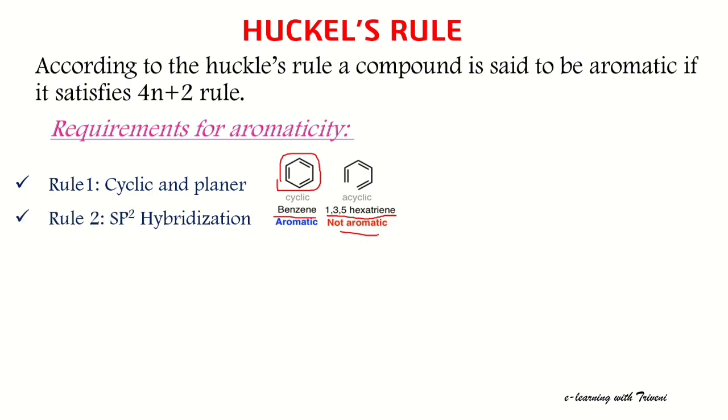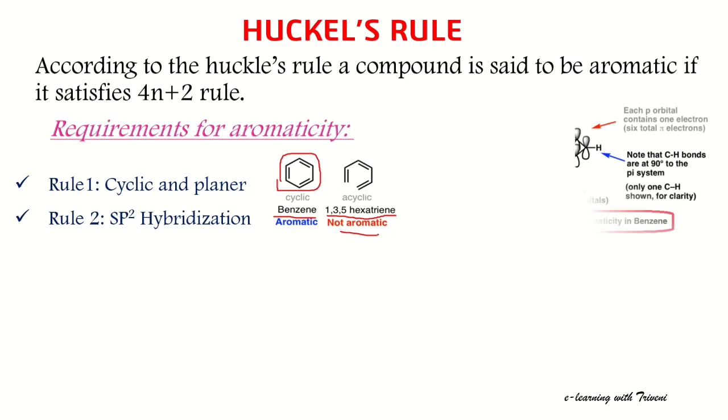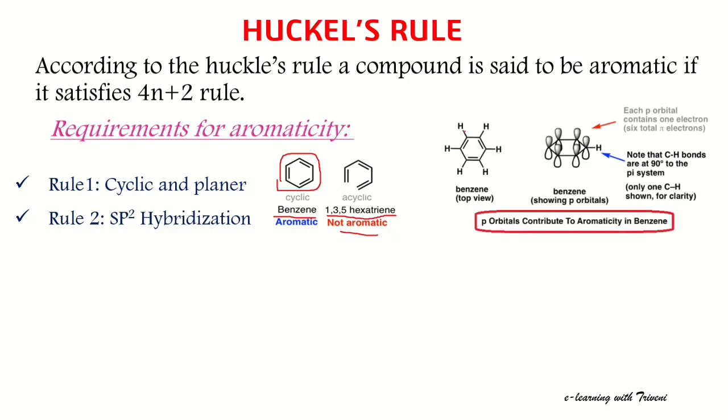Rule 2 is that compounds should follow sp2 hybridization. In the structure of benzene, the carbons undergo sp2 hybridization and each has one vacant p orbital that does not undergo hybridization. That is the reason benzene has sp2 hybridization.